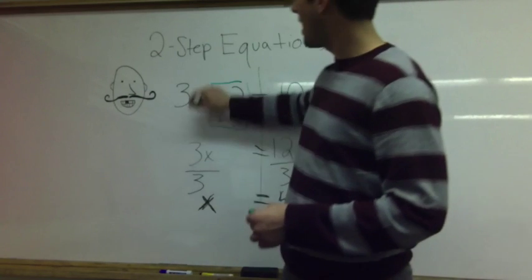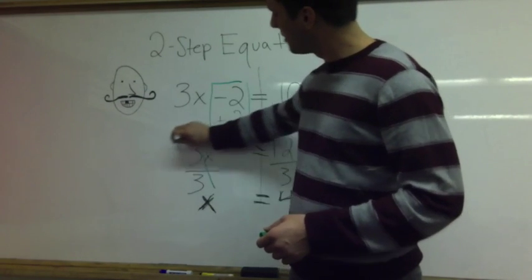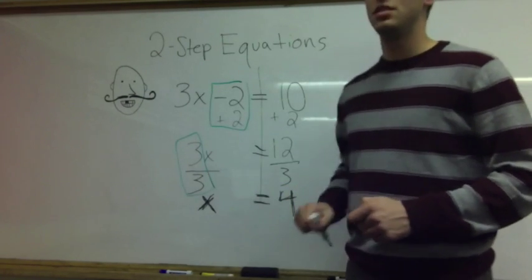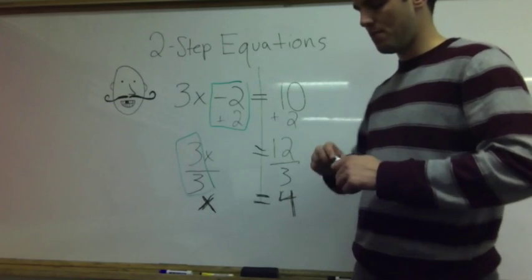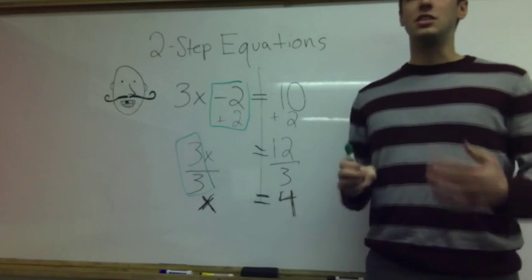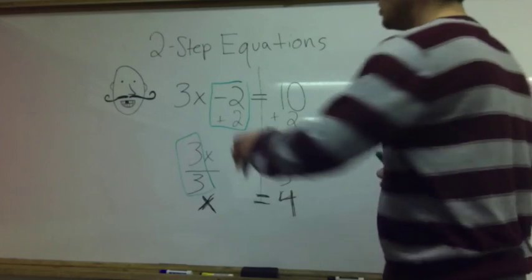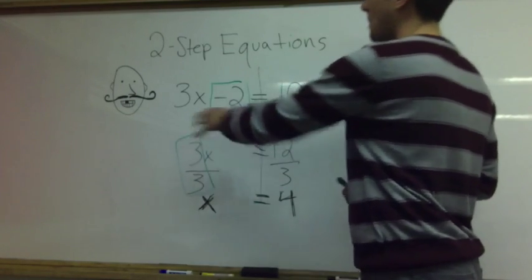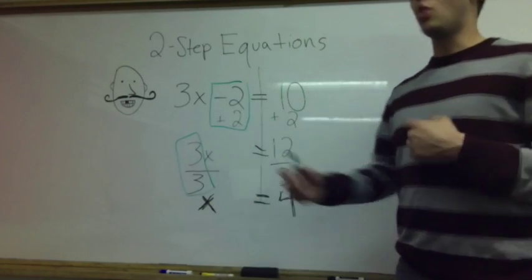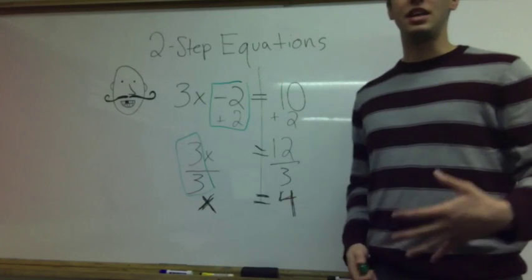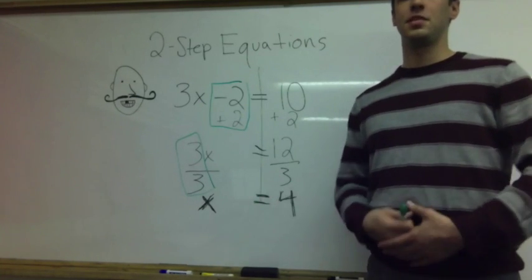Second thing you take away is the first step in the order of operations, which was the multiplying by 3. So whenever you're solving a two-step equation, you want to get rid of the terms by the x in this order. You want to do it in the opposite of the order of operations.